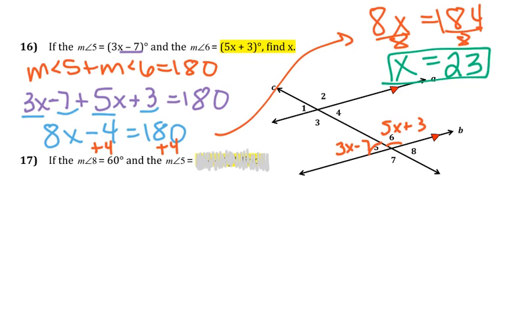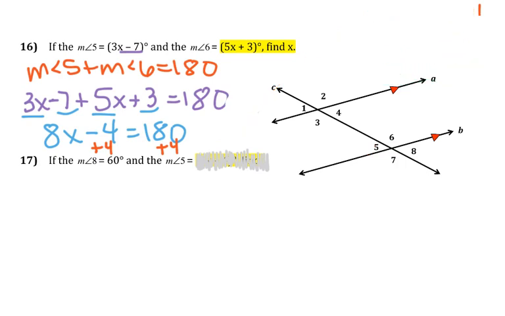Okay, and then the last problem: let me erase all this other stuff so it's not distracting. It says if the measure of angle 8 is equal to 60 degrees, and the measure of angle 5 is equal to 4x minus 4, then find x.